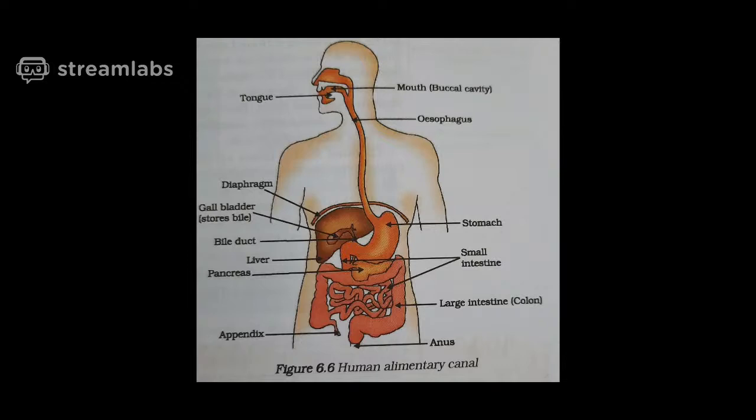And when it enters into the small intestine, before entering the small intestine, the liver, which secretes the bile juice, digests the fat present in the food by emulsification of fat.